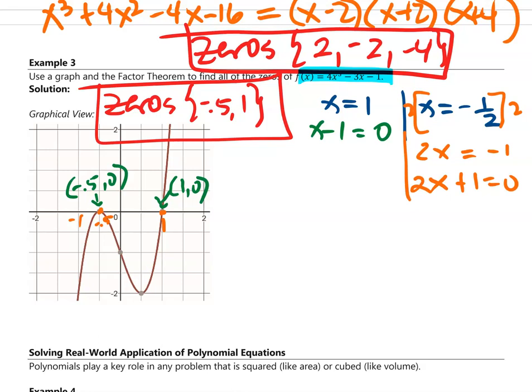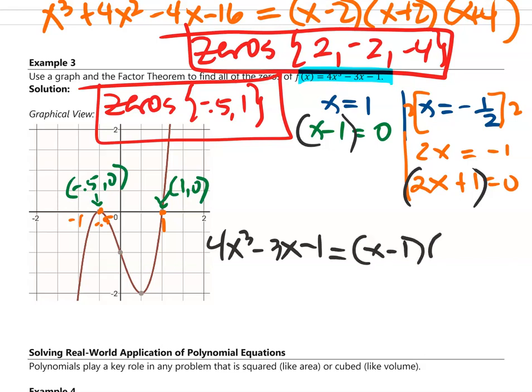So, meaning the factors are x minus 1 and 2x plus 1. So we can say that 4x cubed minus 3x minus 1 is equal to x minus 1 and 2x plus 1.